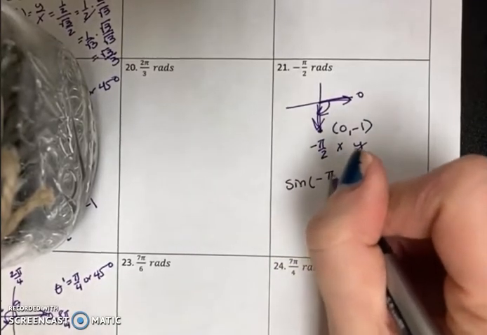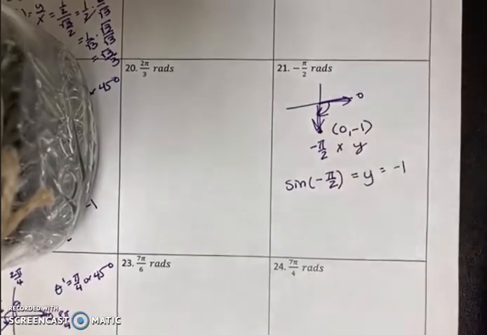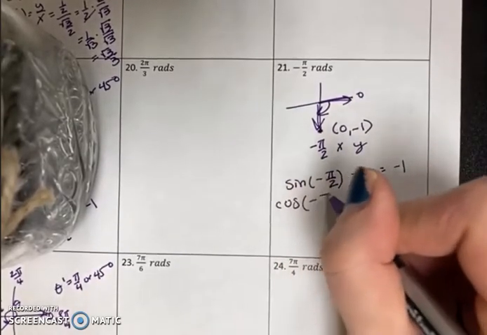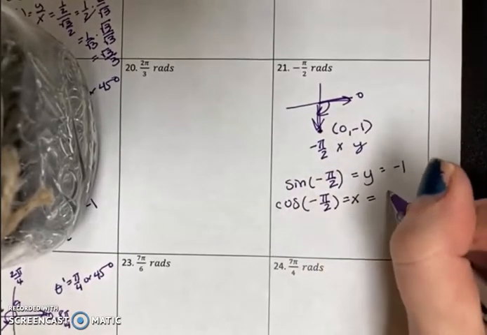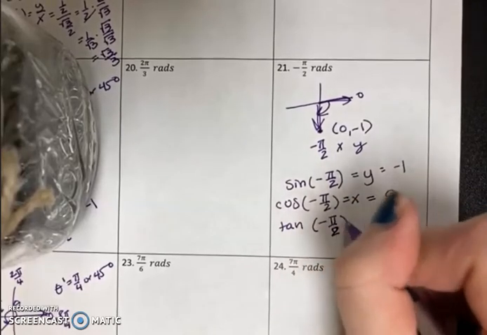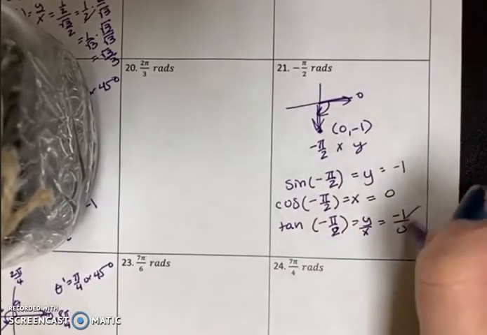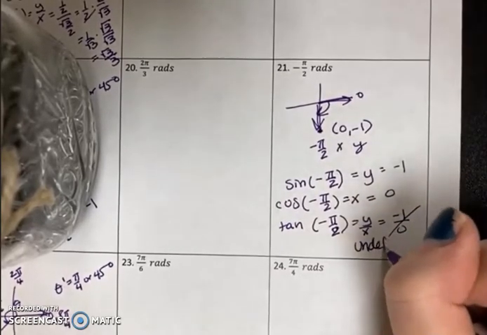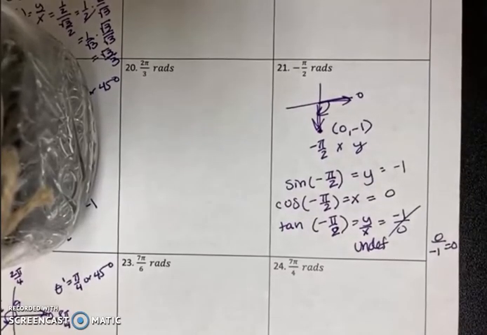Sine of negative pi over 2 is the y value, so that's negative 1. Cosine of negative pi over 2 is the x value, so that's going to be 0. And tangent of negative pi over 2 is y over x, so that's negative 1 over 0. But that's a no-no, so it's undefined. If it would have been 0 over negative 1, that would have been okay, and it would have been 0. But that's not what happened, so that would be our final answer.